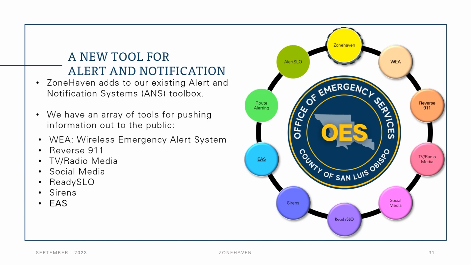And we also have the traditional route alerting where emergency responders utilizing PAs or the high-low siren system to notify the public of an evacuation. In the future, we hope to have a program called Alert Slow, which will be utilized for lesser emergencies to be able to give information to our citizens. And then finally, ZoneHaven will be another system that we can use that ties into everything that allows public to get real quick information about evacuations.